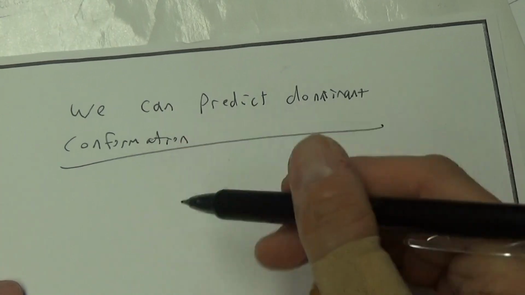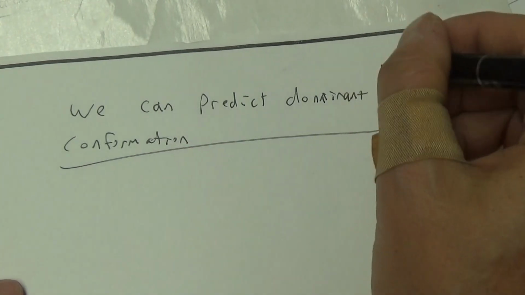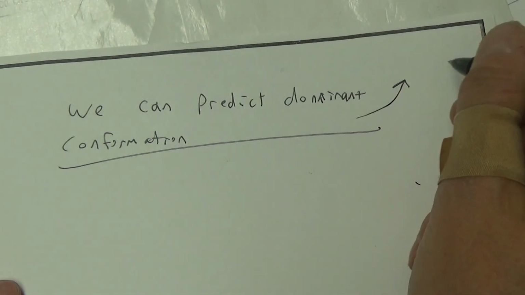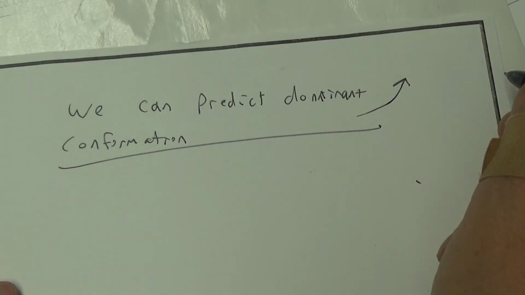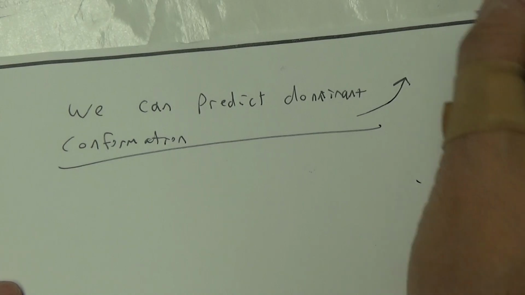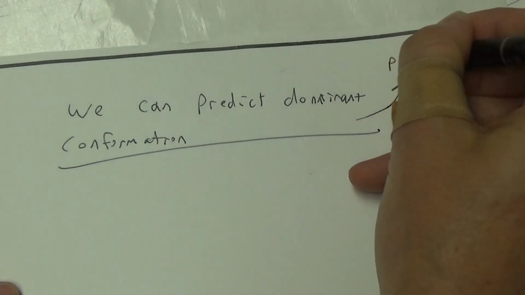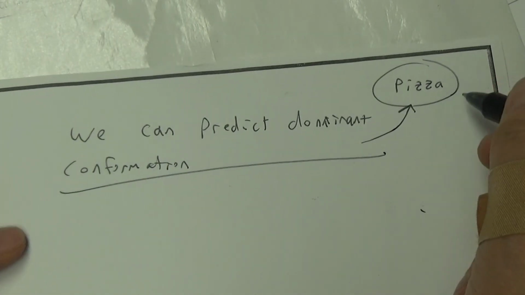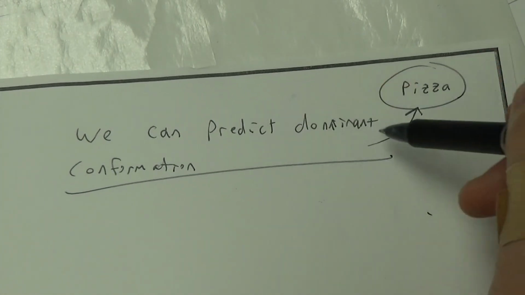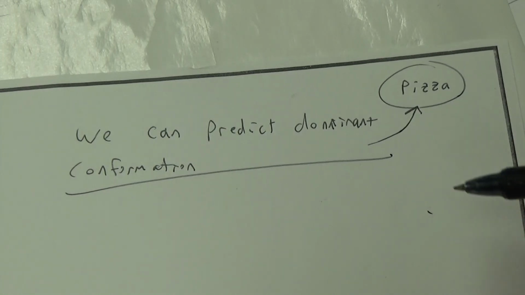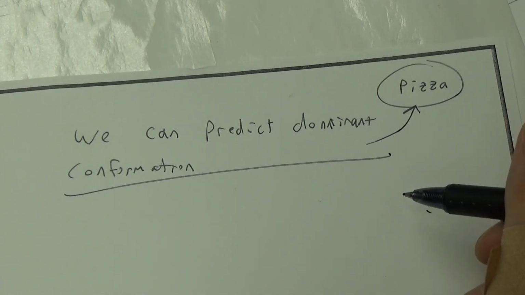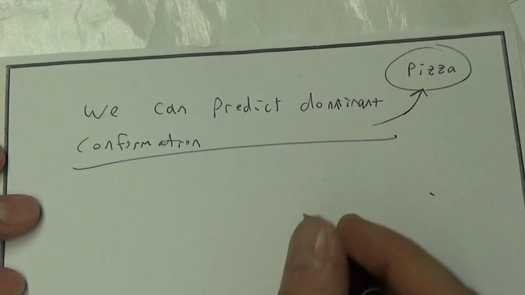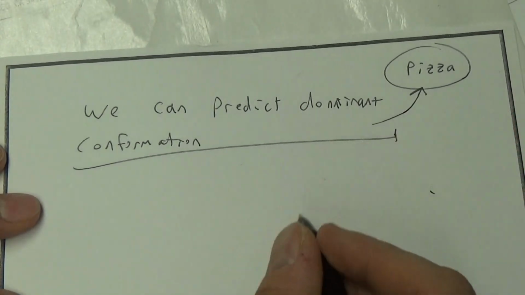But I really like my way, and since I created it, I'm going to take credit for it, and I am going to make it a magic word. And the magic word is going to be pizza. I love pizza. Another food item. So the magic word for predicting the dominant conformation is going to be pizza. Alright, so we got some pizza here. Let's try out an example, and I'll show you my method for predicting the dominant conformation.